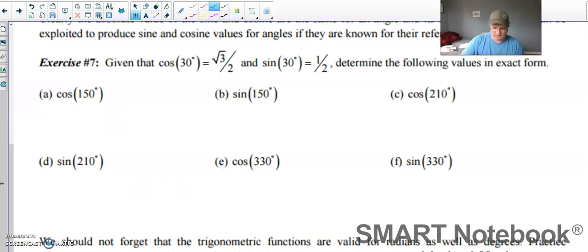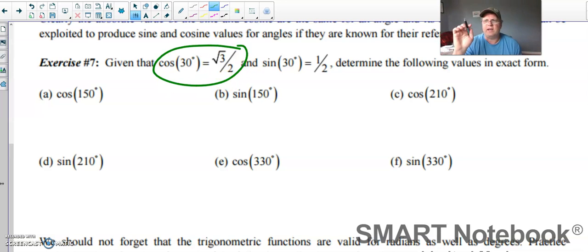So cosine of 150, let's talk about this. You know, based on looking at the unit circle, it's negative root 3 over 2. Well, how do we get that answer, based upon what they gave you? Cosine of 150 has the same absolute value as its reference angle.